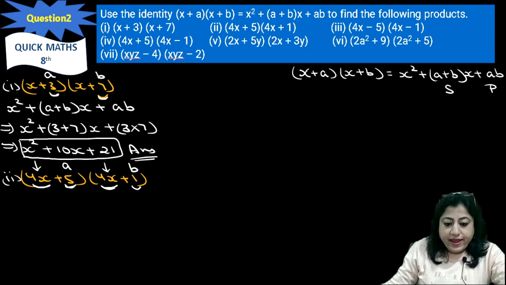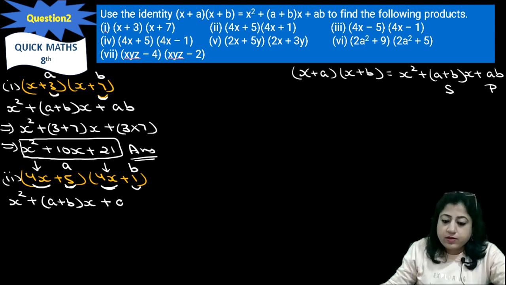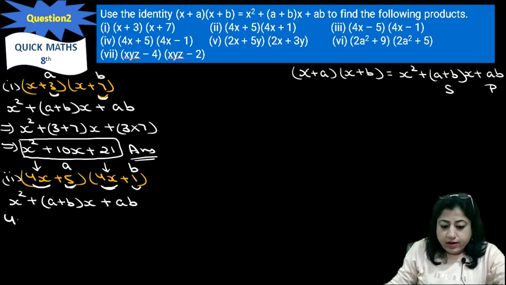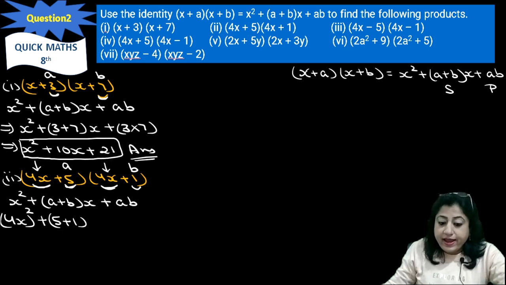So it is of the form (x plus a)(x plus b). So x square plus the sum of a and b into x plus the product of ab. Now we have to put in three values here: the value of x, the value of a, the value of b. The value of x is 4x, so (4x) square. a is 5, b is 1, and x is again 4x.